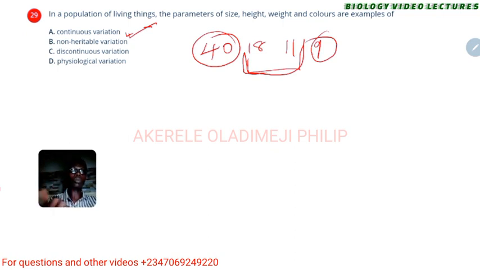For example, tell me, does color have intermediates? It does. In a family, you can have the darkest person and the fairest person. So the darkest is at this end, the fairest at this end. In between, you have some people that are not too dark skin, not too light skin, so to say. Some are dark, some are chocolate, some are fair.